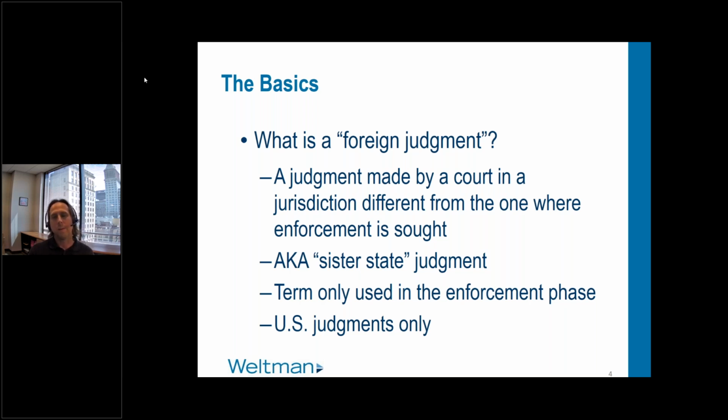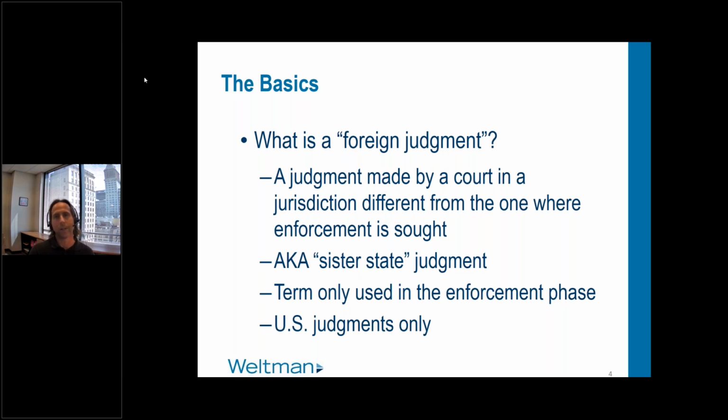So for instance, if I'm in Ohio and somebody has a judgment in Illinois and they want to domesticate that judgment in Ohio, that is now going to be a foreign judgment in Ohio. All right, and this only applies to US judgments, judgments in the United States and its territories.